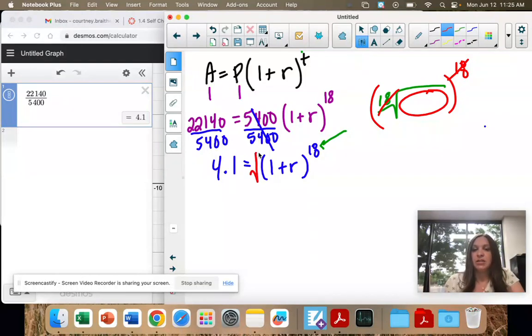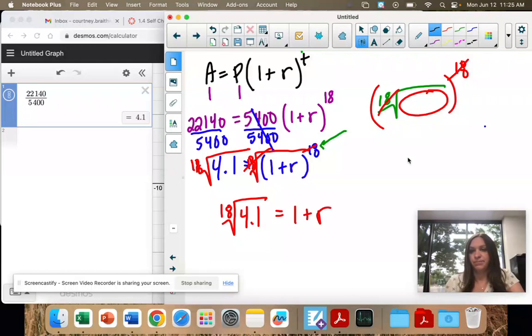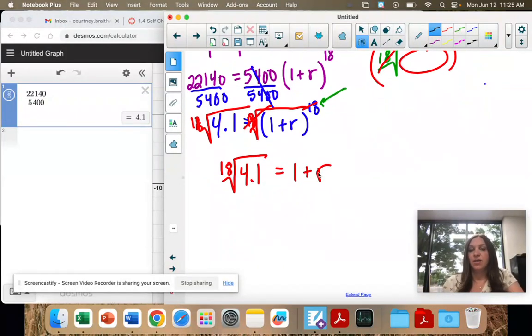So I'm going to take this whole thing to the 18th root, and what you do on one side, you have to do to the other. So now I have the 18th root of 4.1 equals, and these cancel out, so we just have 1 plus R. So last step, if we're adding 1, we're going to subtract 1 to get R by itself. So R equals the 18th root of 4.1 minus 1.